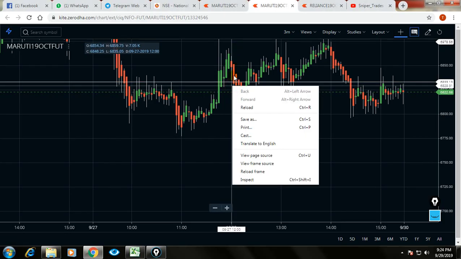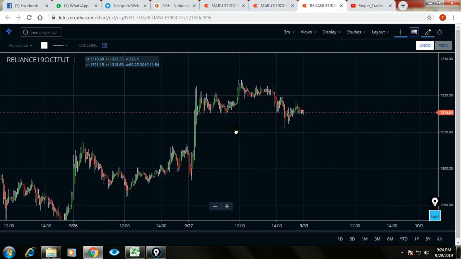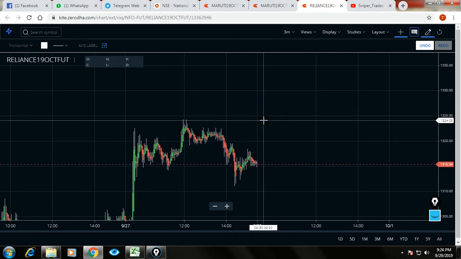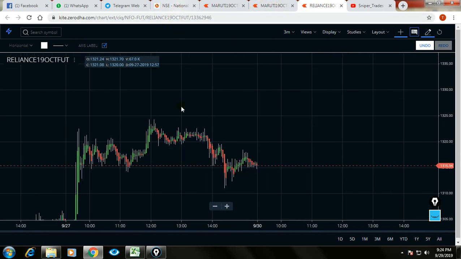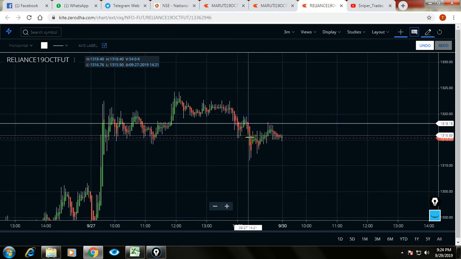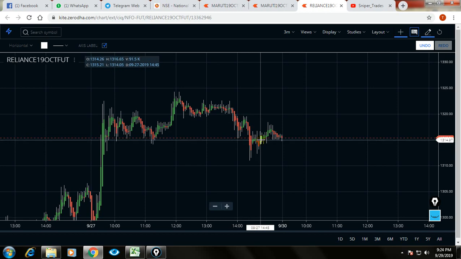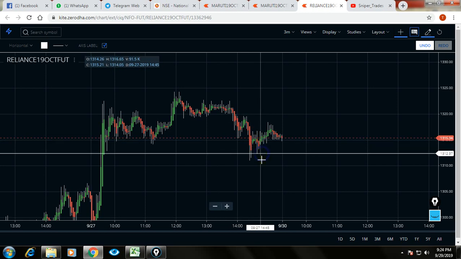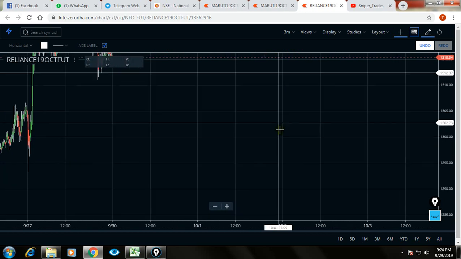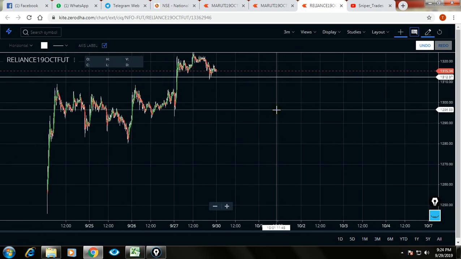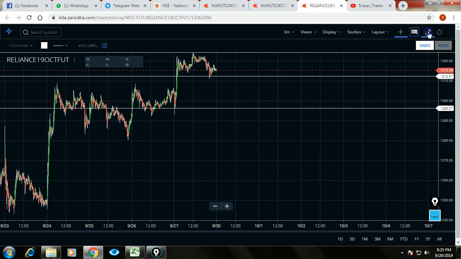And let's go back to the Reliance chart and I'll show you one thing I have seen. The resistance was at around here, and the support was at around this level, which is given by our Excel tool.